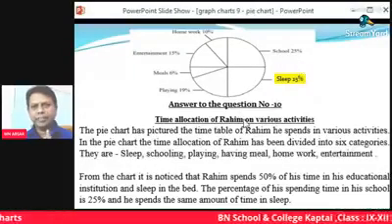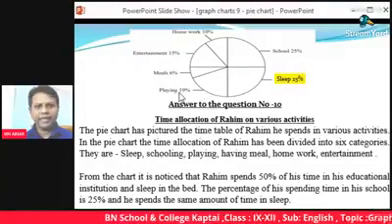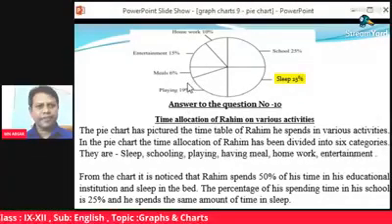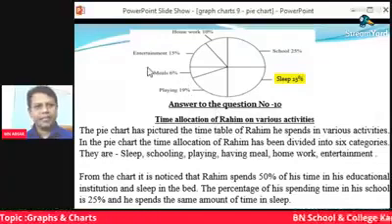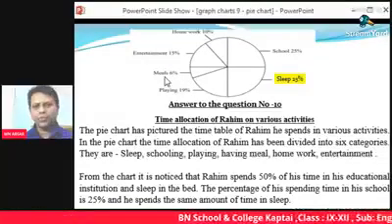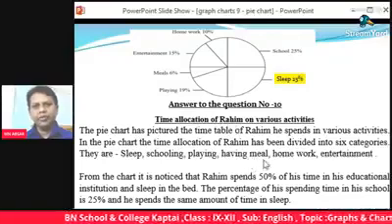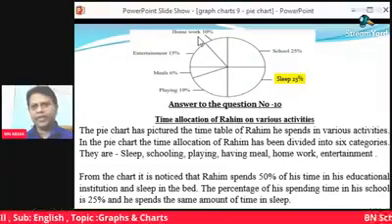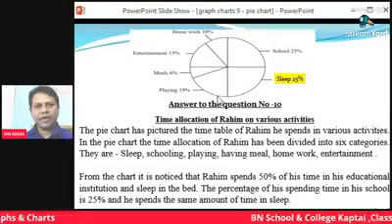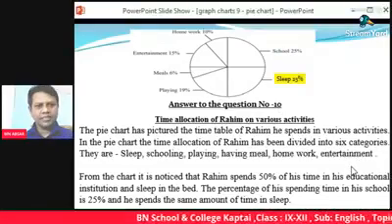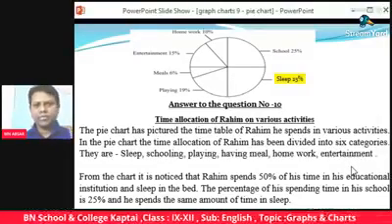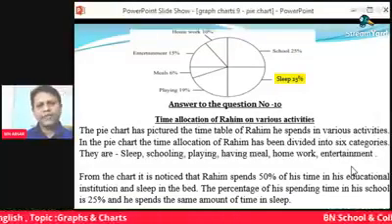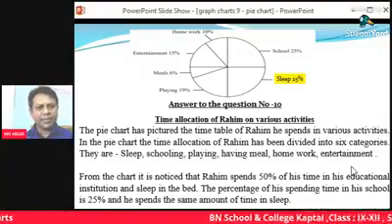Then playing, he spends time for playing. And having meal, you see, 6% time. For having meal he spends 6% time. That's why I have written here having meal. Homework, he spends time for doing homework. Entertainment, he spends his time for entertainment, right? That's why I have written these topics here.